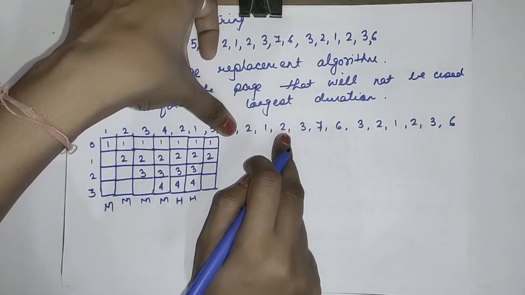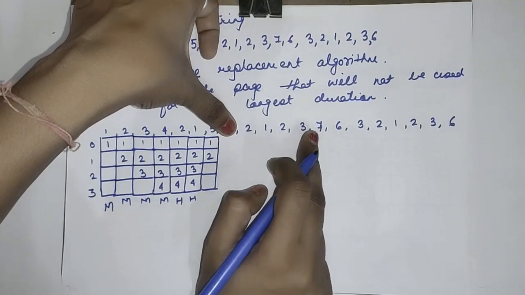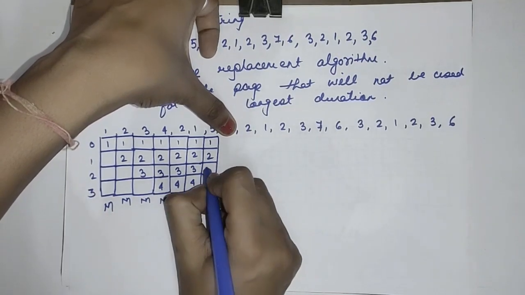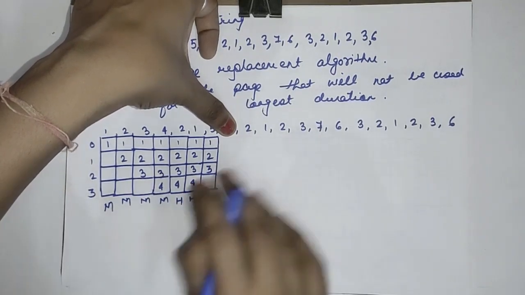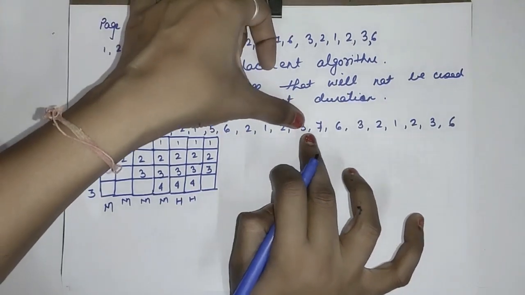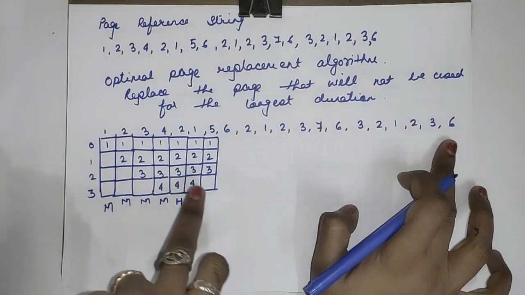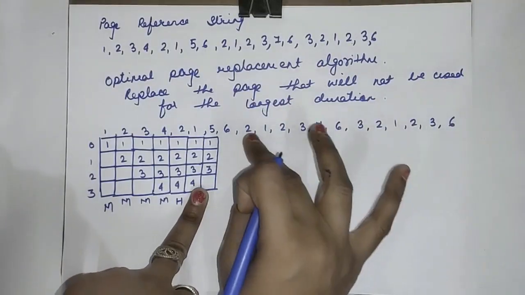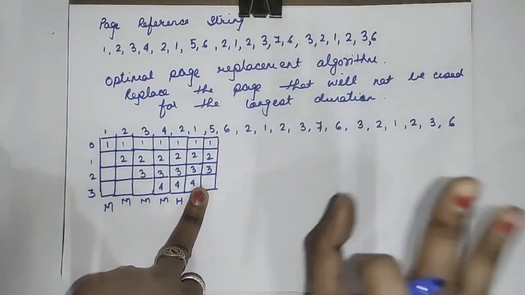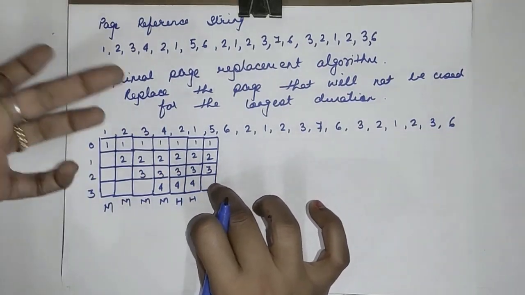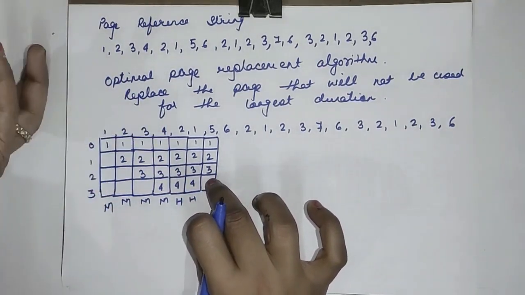Then I have 2 again. 2 is already here. 3. 3 will be used in future, so I'm not going to replace 3 as well. And then you have 7, 6, 3, 2, 1, 2, 3, 6. So 4 is not at all being used anywhere in the future. So obviously the best page which has to be removed over here is 4.